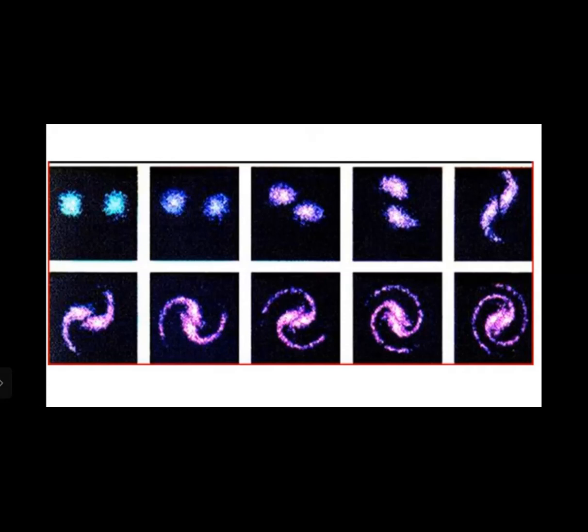Anybody that knows anything about centripetal force, centrifugal force, however you want to pronounce it, anybody that understands electromagnetism will understand that without electromagnetism, when you spin something, it completely disintegrates.